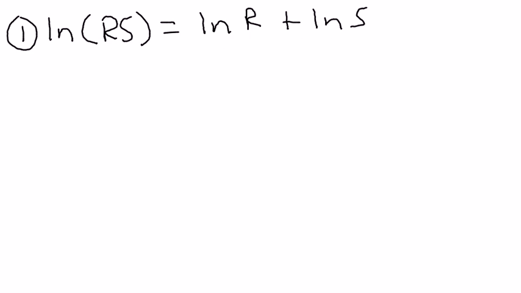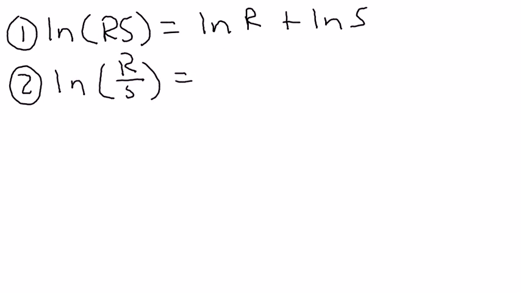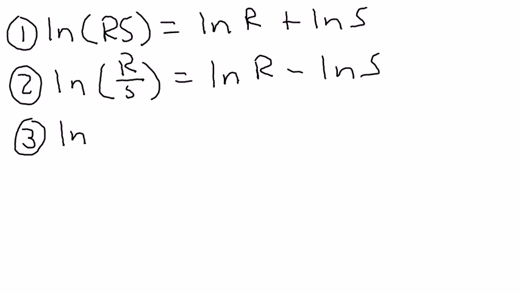I'll never beat you up about the absolute value symbols, but they should be there, and you'll see me write them most of the time. The ln of r divided by s, you can rewrite as the ln of r minus the ln of s. And then the real power is when you have the ln of r raised to the nth power, we can rewrite that as n times the ln of r.